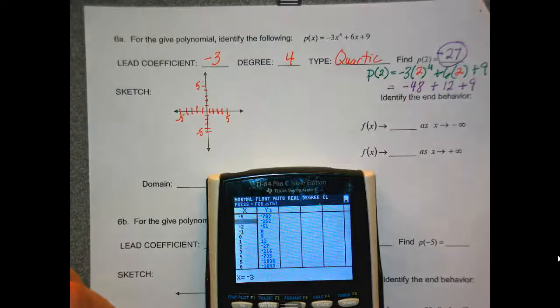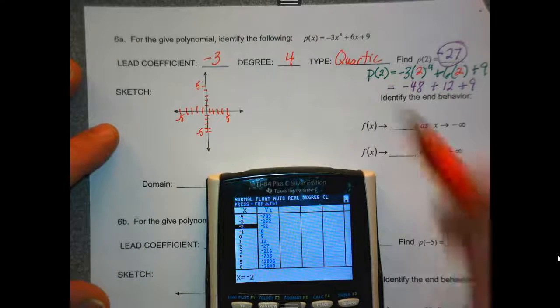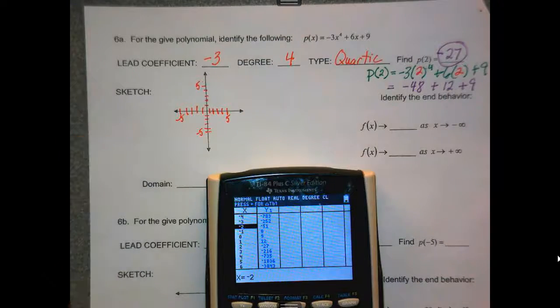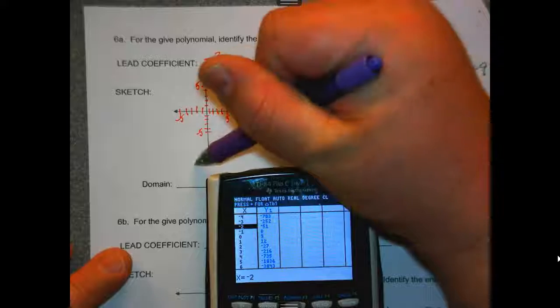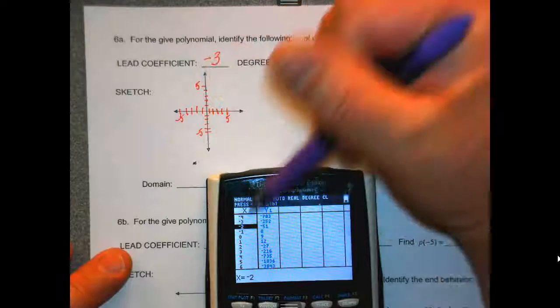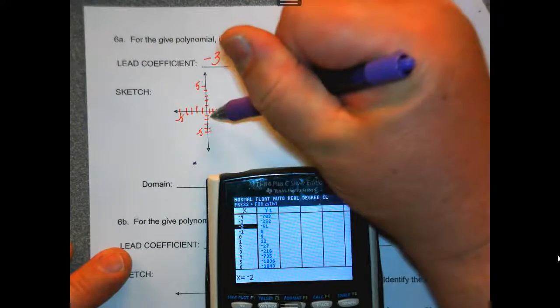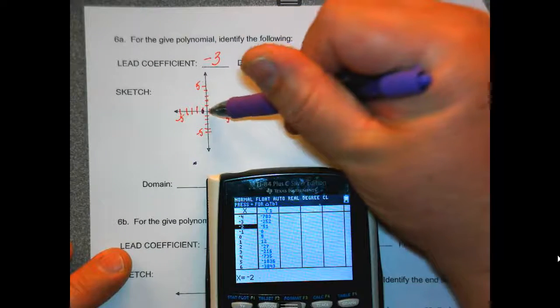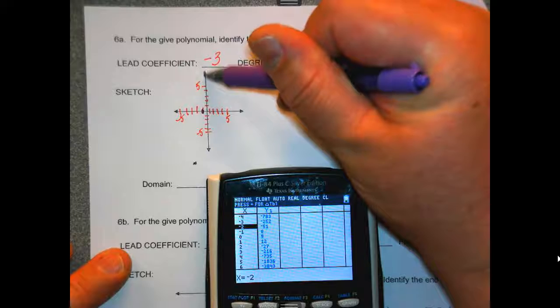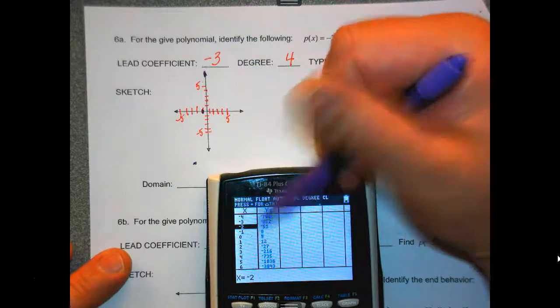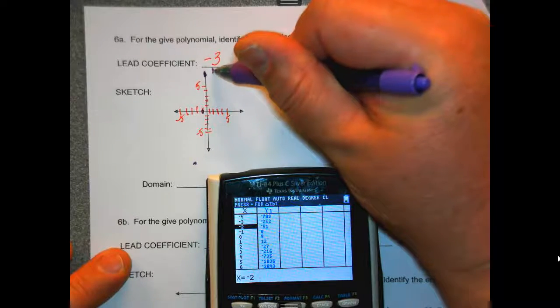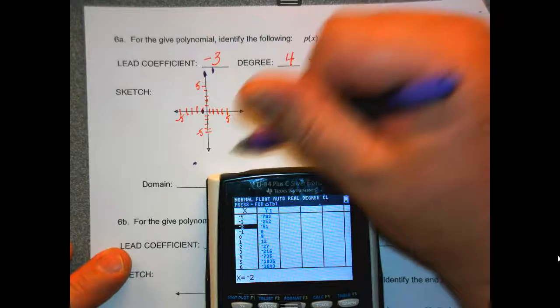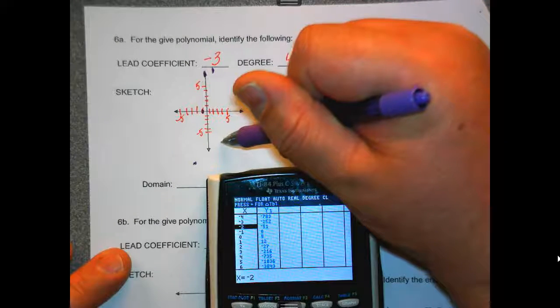Okay, let's see. I've got a negative 2, negative 51, way down here somewhere. I've got a negative 1, 0, 0, 9, way up here, and a 1, 12, up there, and a 2, negative 27 is going to be somewhere down here.